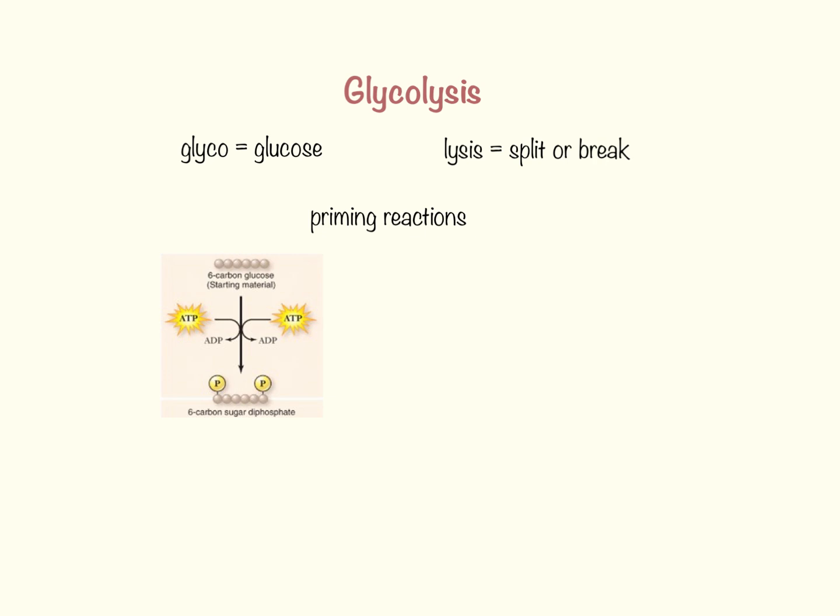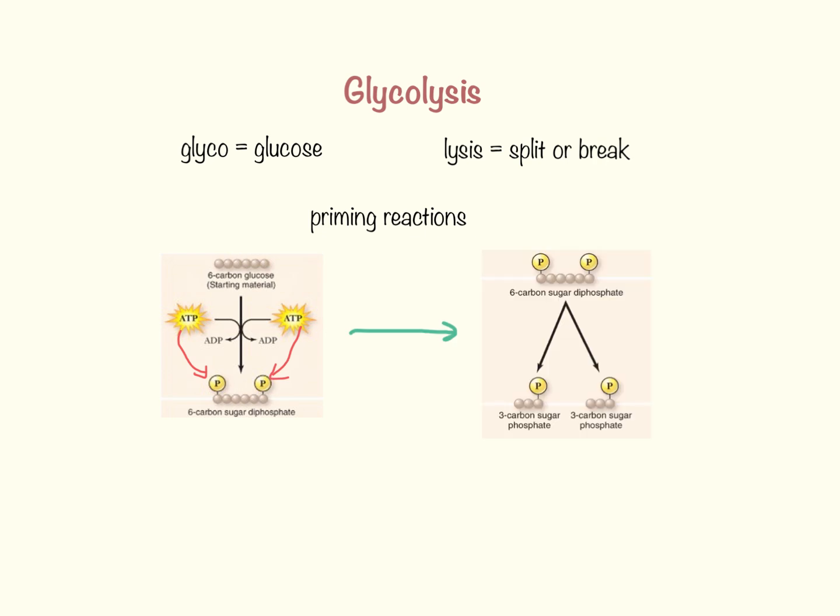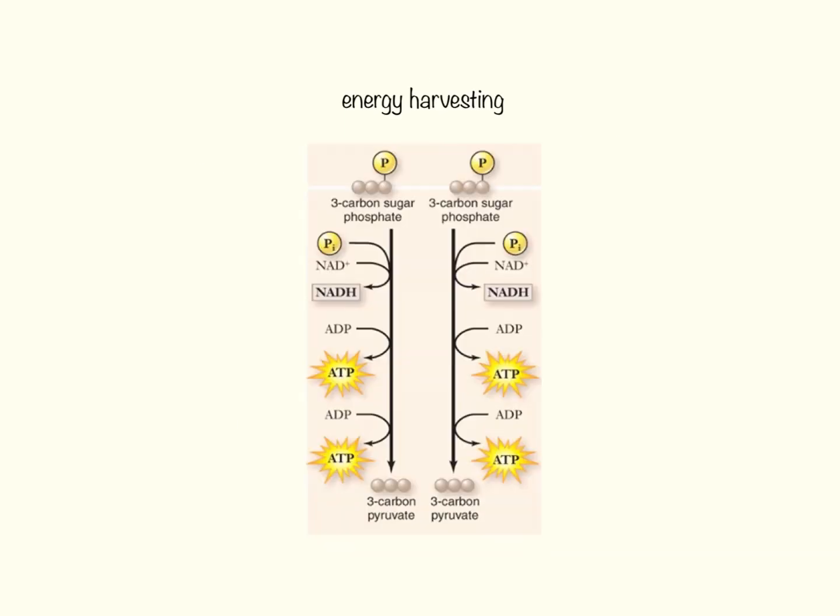You learned about energy of activation previously. Each end of the glucose in its straight chain form receives a phosphate from an ATP. This destabilizes the chain and makes it easy for an enzyme to split the glucose in half into 2 molecules called G3P.